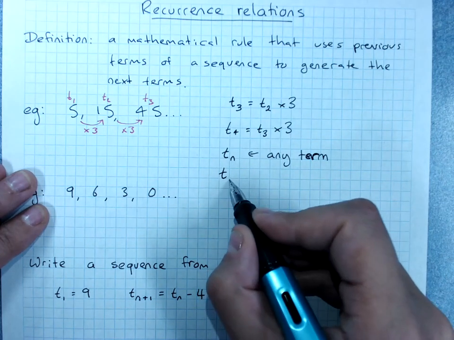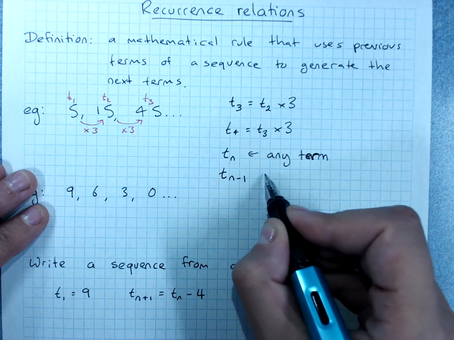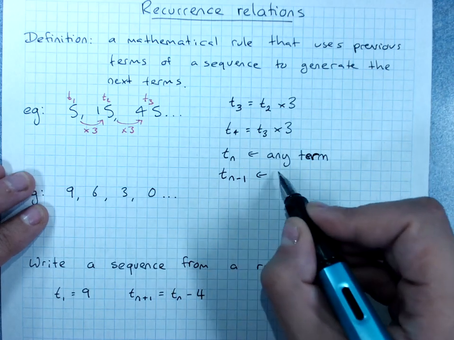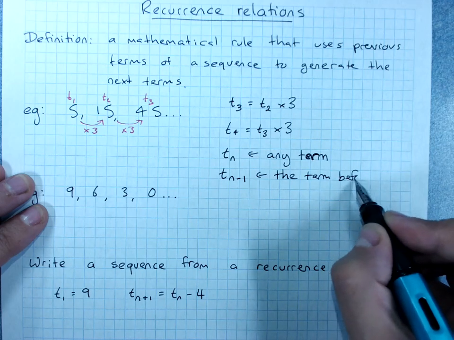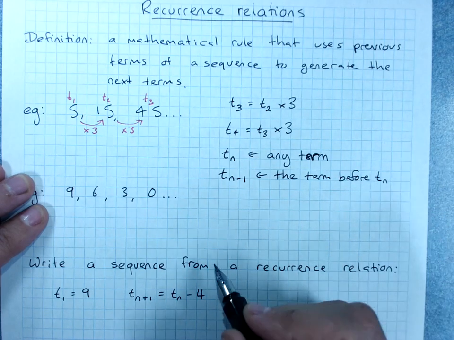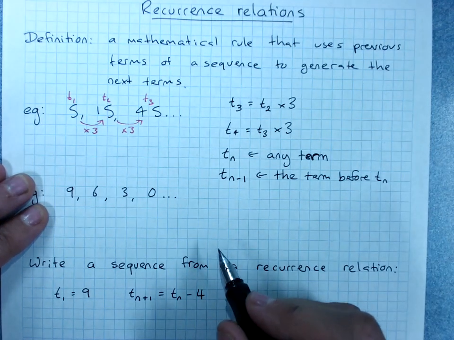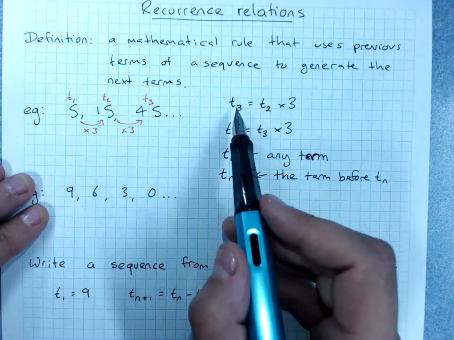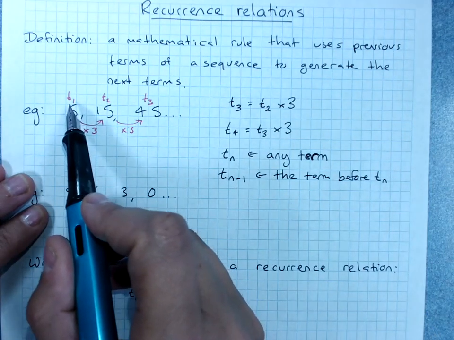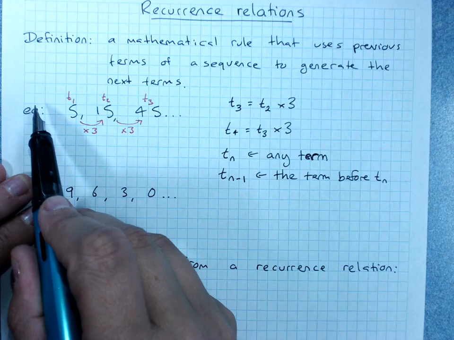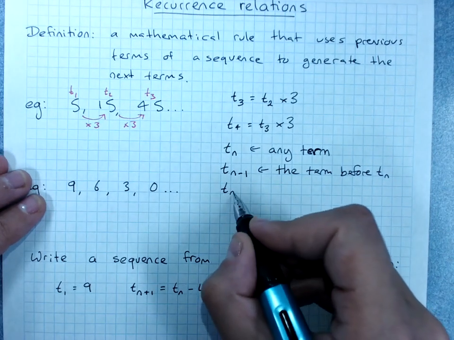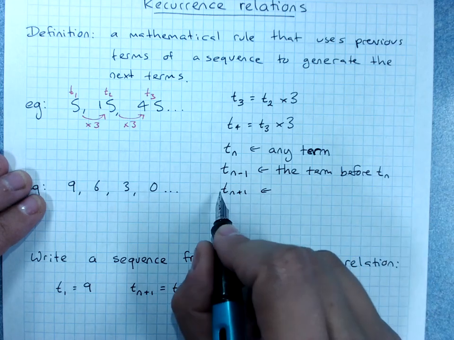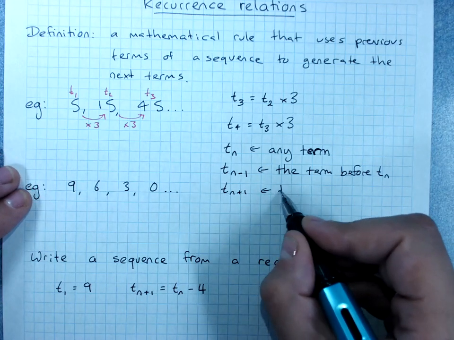So Tn minus 1 is the term before Tn. And so the term before T1 is T1 minus 1, T0. And of course we could also have Tn plus 1, which is the term after Tn.